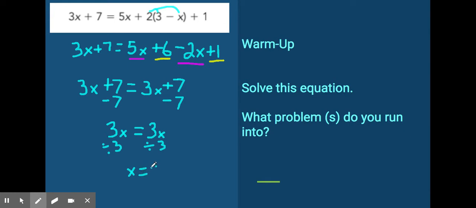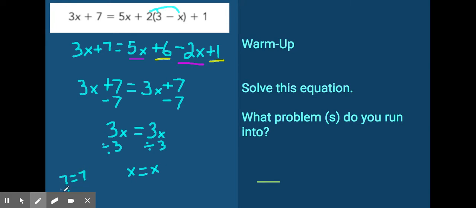Now, when you get into this situation up here at this step, there's multiple ways you could do it, okay? So let's say I subtracted 3x from this side and this side. Then my x's would go away. I would have 7 equals 7, okay? So that is another possible situation that you can end up with.